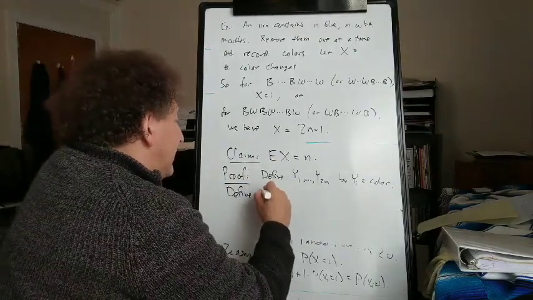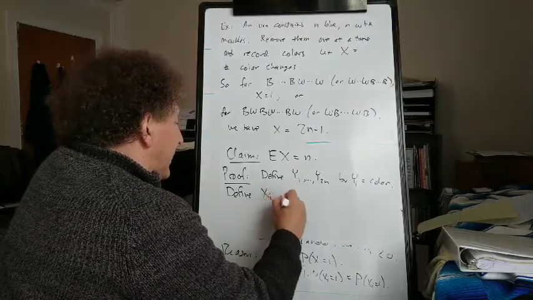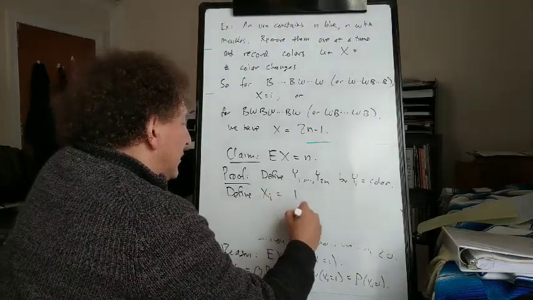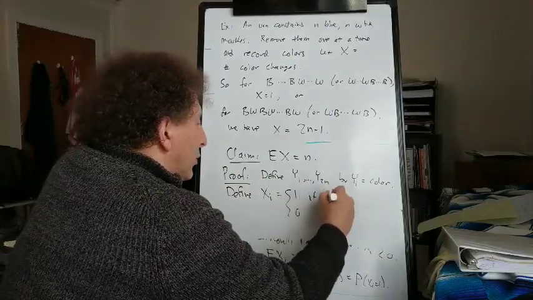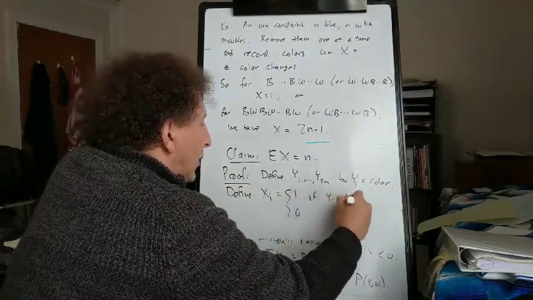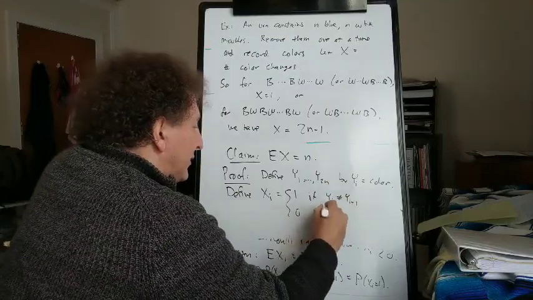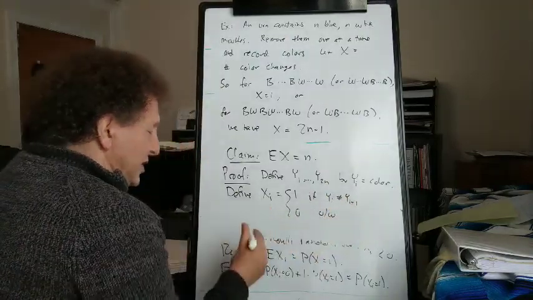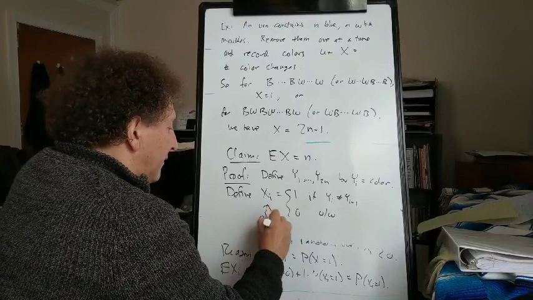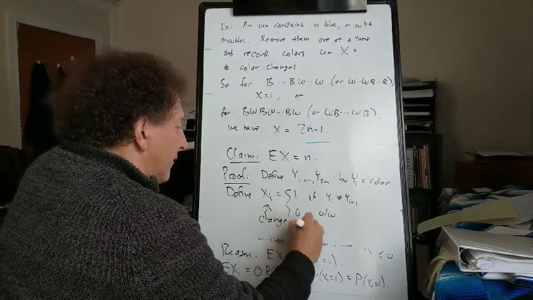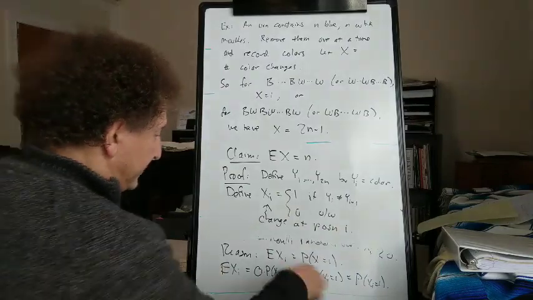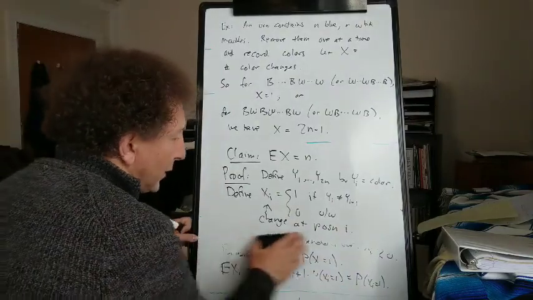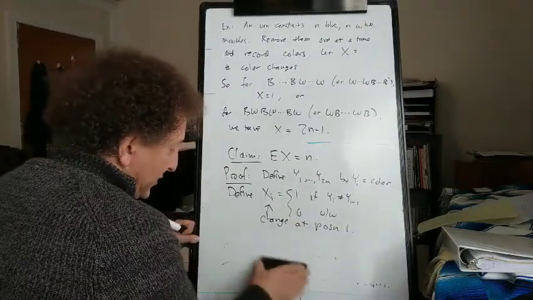Now let's define xi to be 1 if yi is different from yi minus 1 and 0 otherwise. So this is a change at position i. Then x is the number of changes.